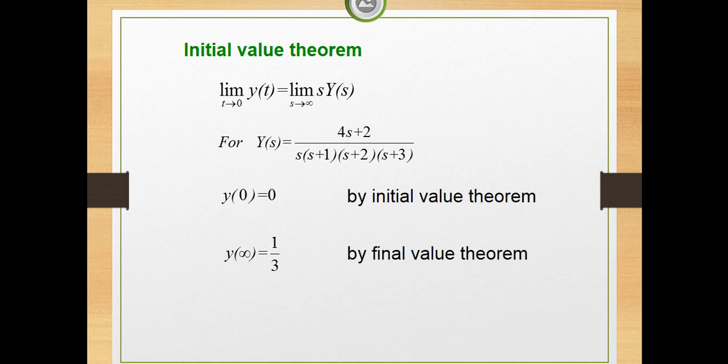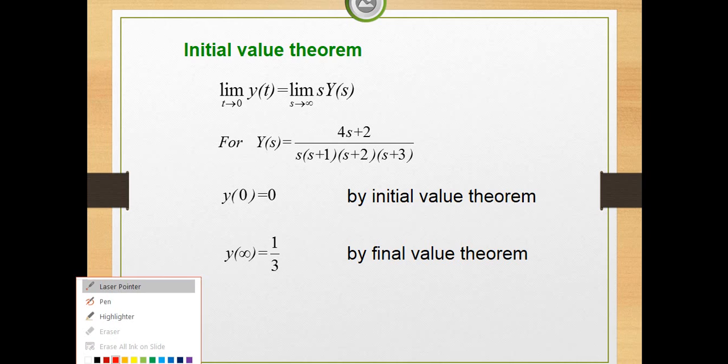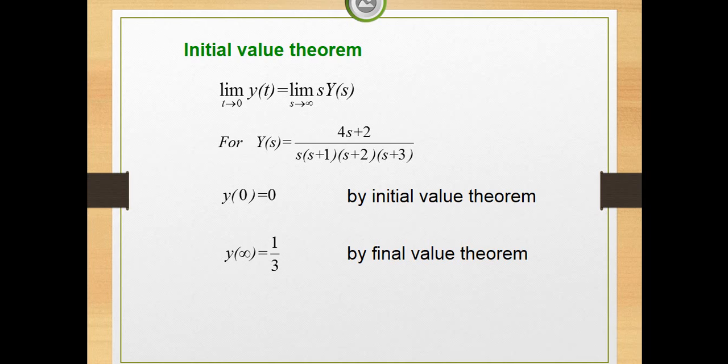Okay, now as an example, determine the initial value and the final value of this function. So, what does it say? It says that you have to evaluate the limit of the given y of s as s approaches 0 rather, and as s approaches infinity. So if it's the initial value theorem, you will evaluate s times this as s approaches infinity.